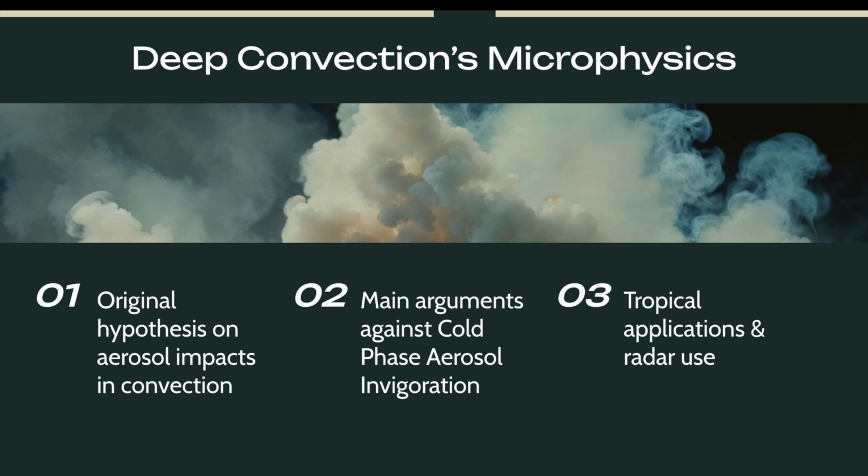We can use radar reflectivity and the liquid water content relation to infer entrainment rates, and that's that Z is equal to A times the liquid water content raised to the power of B. This shows a positive correlation between the exponent B and the homogeneous mixing degree.